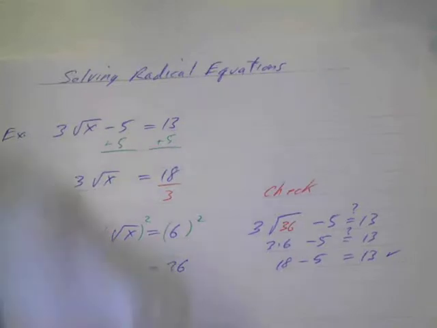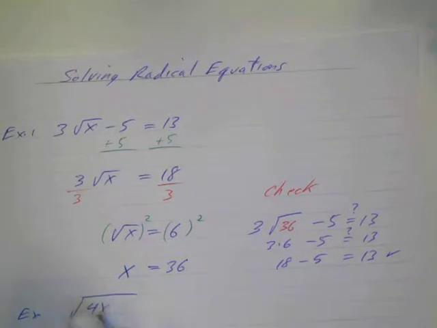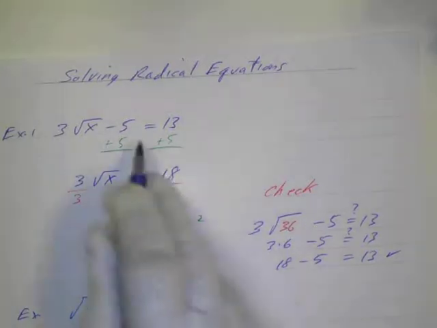Okay, here's another one. This is example 2. The square root of 4x minus 3 equals 5. Now, if there was something else over here, we would do like we did in example 1.